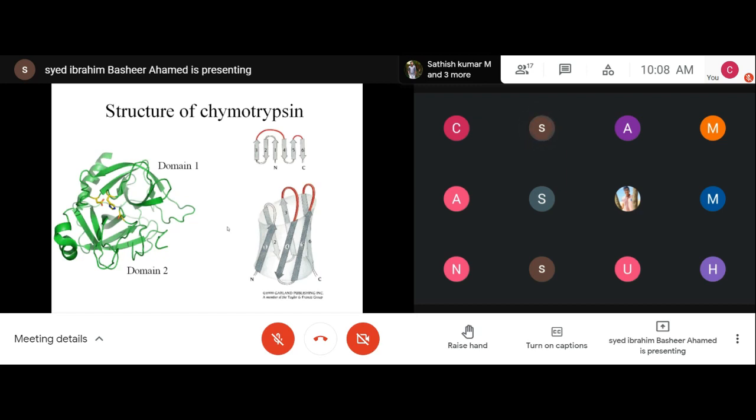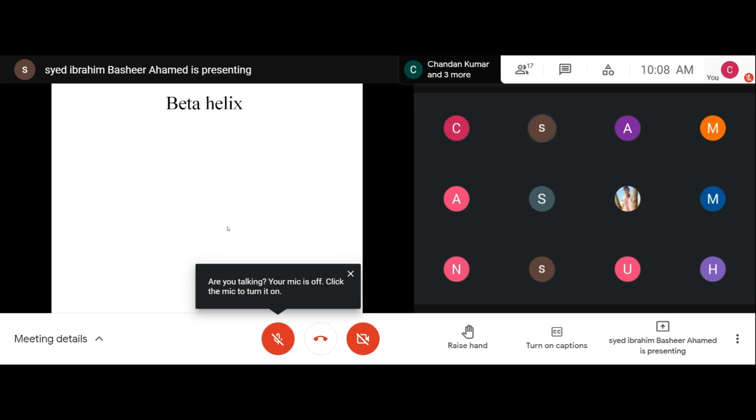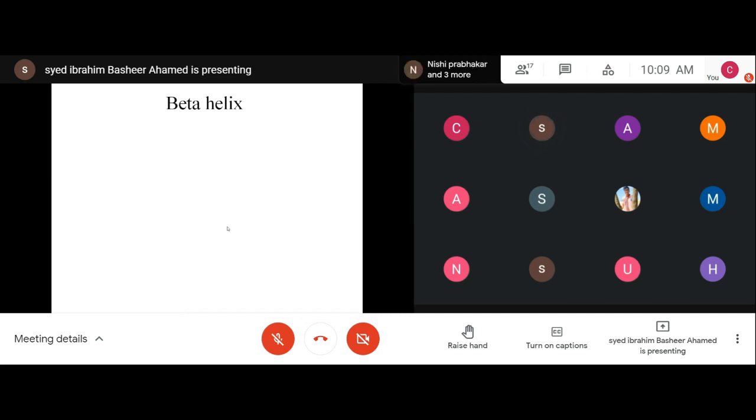Now we are going to see the helix. We have seen alpha helix, and we have seen beta strand, which makes a sheet kind of structure. This sheet can fold into a barrel kind of structure, as we have seen.